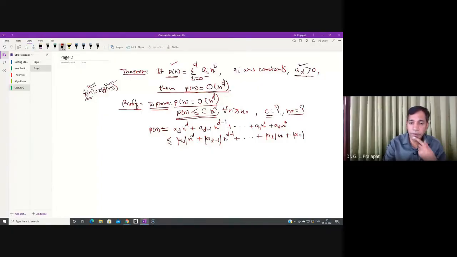Now, we are interested in n to the power d, so you can take n to the power d outside. So this can be written as equal to what? We just take n^d outside. So you have |ad|, and this is the absolute value, plus what we are going to do?